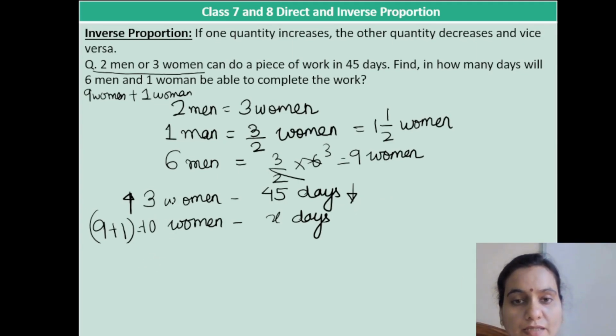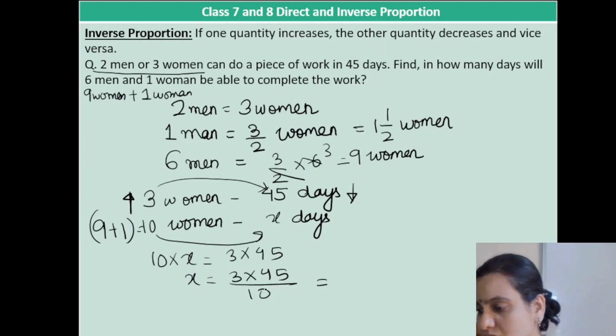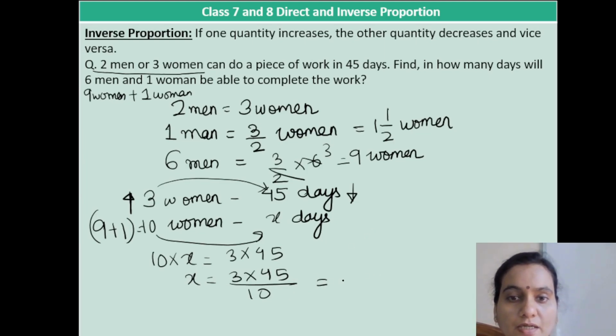So for that we have to do direct multiplication here, and here also direct multiplication. So 10 into x is equal to 3 into 45. So x is equal to 3 into 45 by 10. So what it will require is 4.5 into 3.